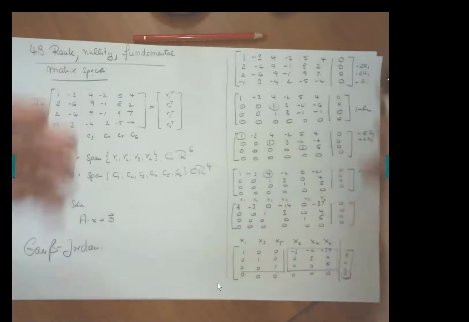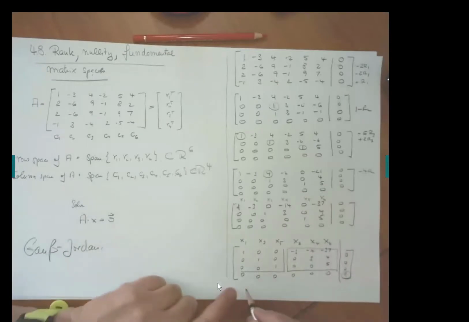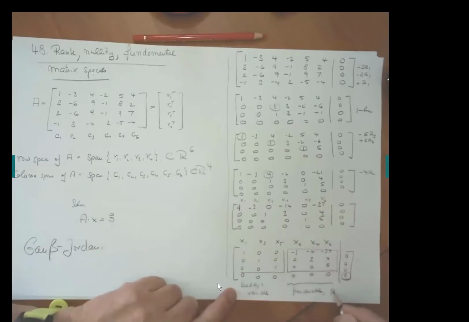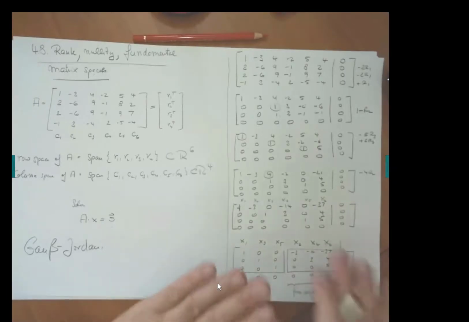But if they're non-zero, it can be non-zero number here, and that means if it's the case, it's inconsistent. Okay, so again, these are the leading 1 variables. And these are our 3 variables. Means each one of them gets a parameter. Okay, but in this case, actually, we didn't like to solve it.